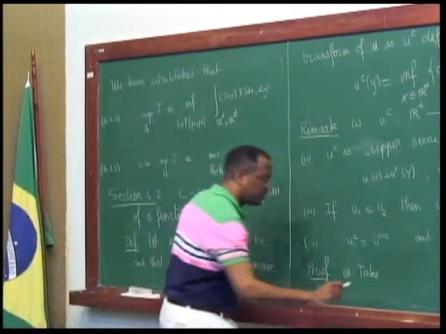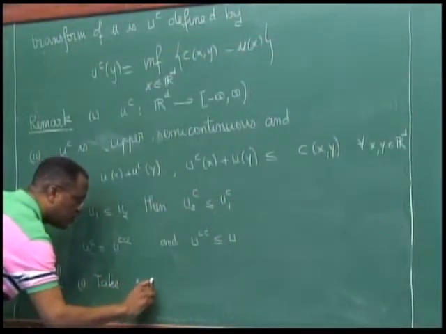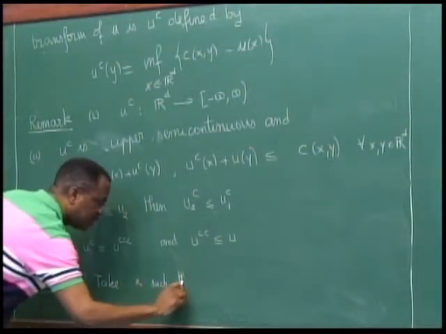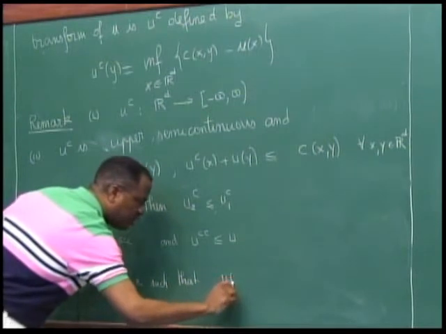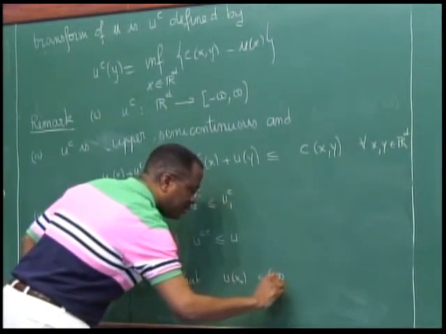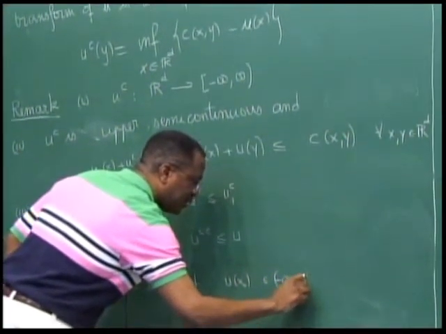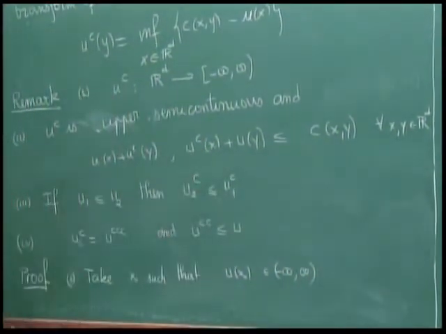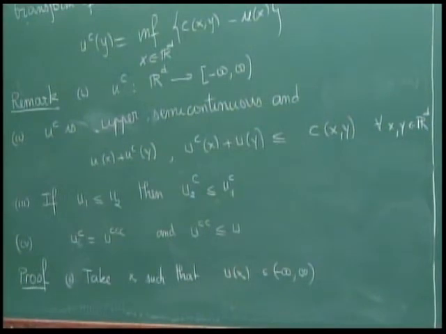So take x naught such that U of x naught is between negative infinity and plus infinity, which means it is neither negative infinity nor plus infinity.